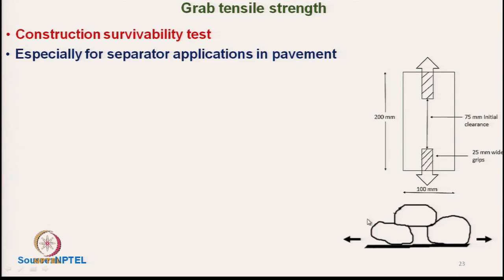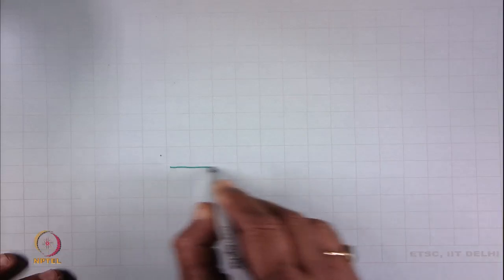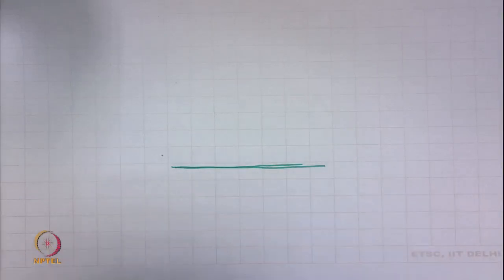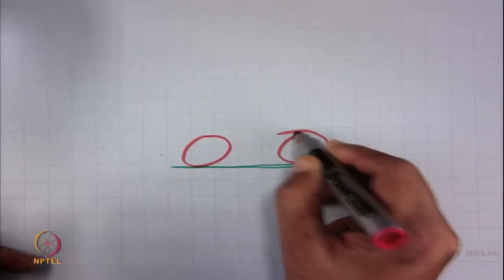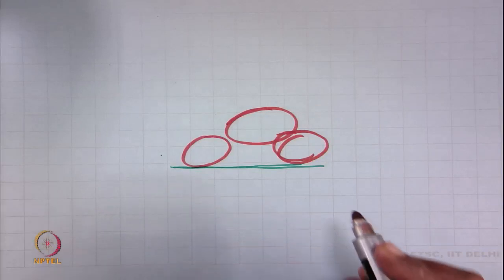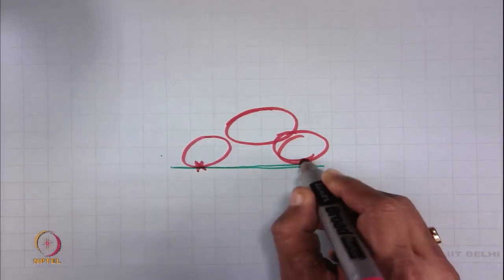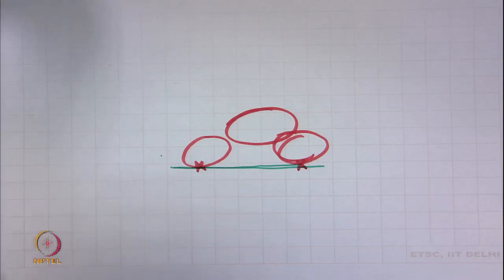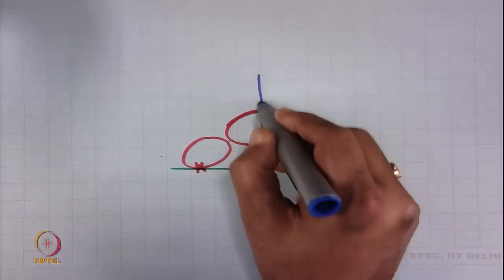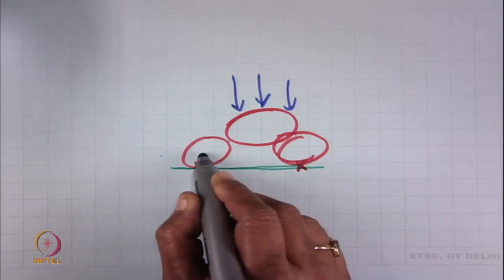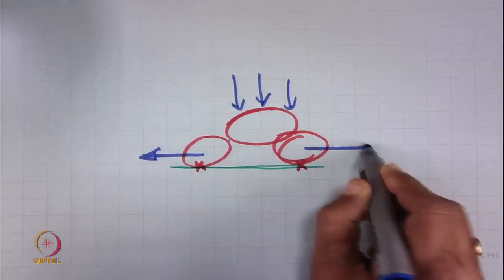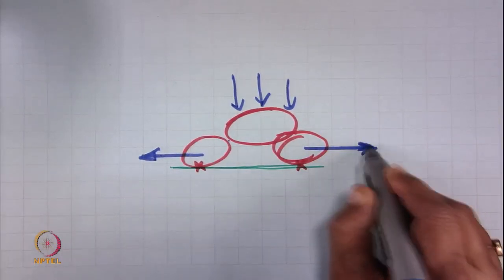Now let us discuss here, this is geotextile and we have say stones, and these are the contact points, gripping points we can say. Now, when load is applied vertically, these stones will try to move sideways.